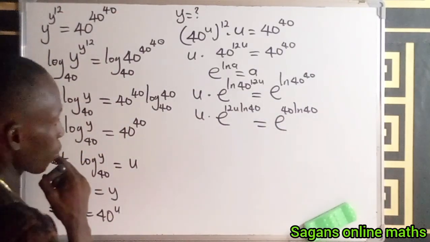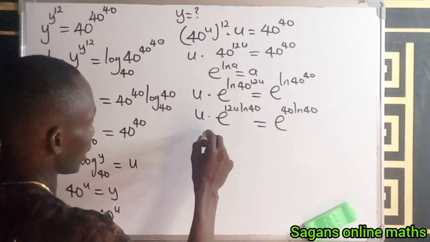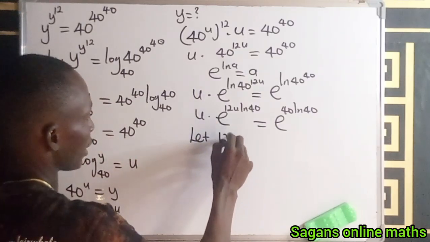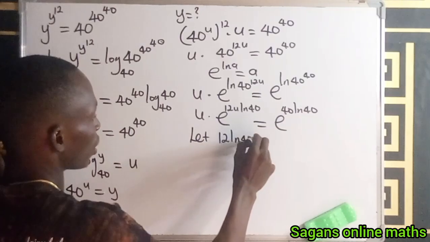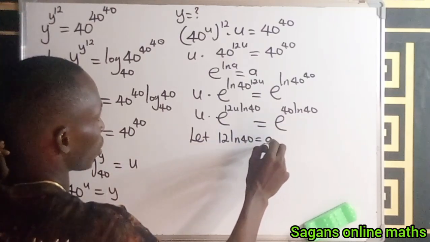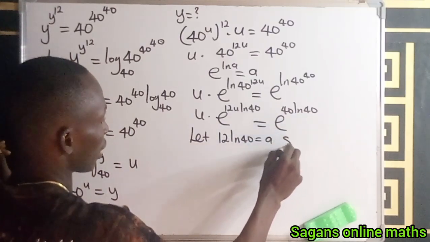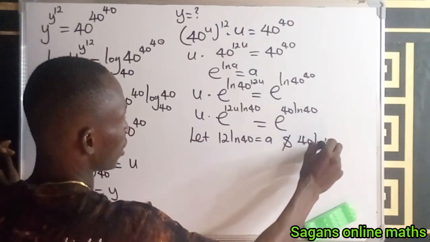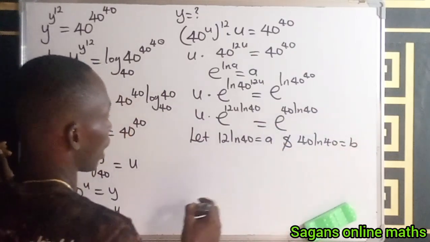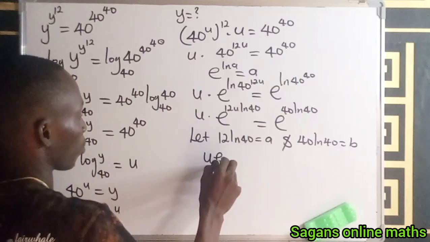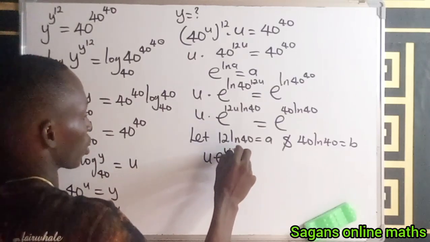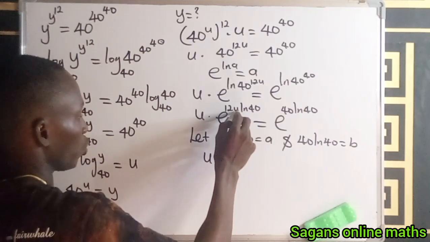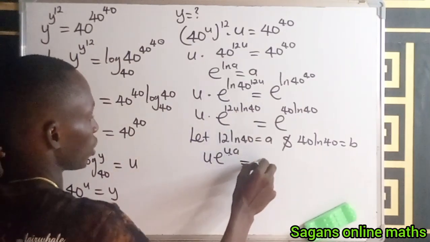Now if I let 12 ln 40 equal a, and 40 ln 40 equal b, then u multiplied by e to the power of ua, because 12 ln 40 is a, equals e to the power of b.